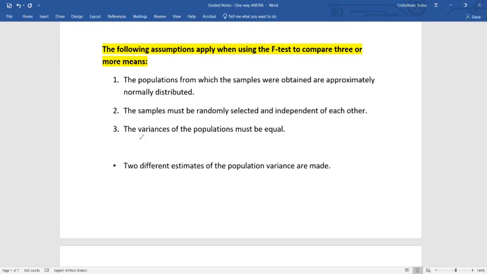If it's not specified in the problem that the variances are equal, then you must do a two-sample F-test to see if the variances are equal. So you should do a test of the two variances and then do an ANOVA test. Most of the time, it will be specified in the problem, but this is what needs to be checked before doing an ANOVA test.